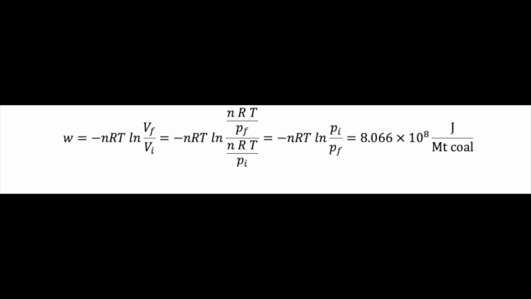The volume is related to the pressure, but we don't actually need the volume, because we can substitute from the ideal gas law into the work equation, and what we'll find is that the work required is related to the log of the ratio of the final pressure to the initial pressure. Running through the numbers, about 8 times 10 to the 8 joules per metric ton of coal is required to compress the CO2 to its final pressure.